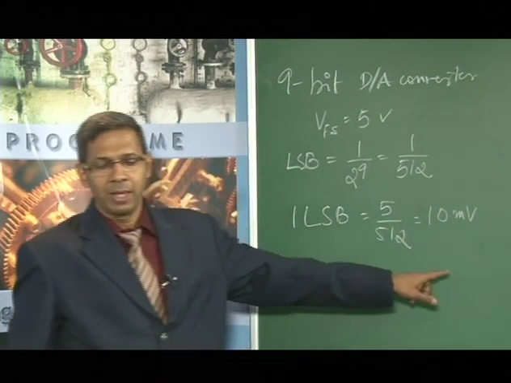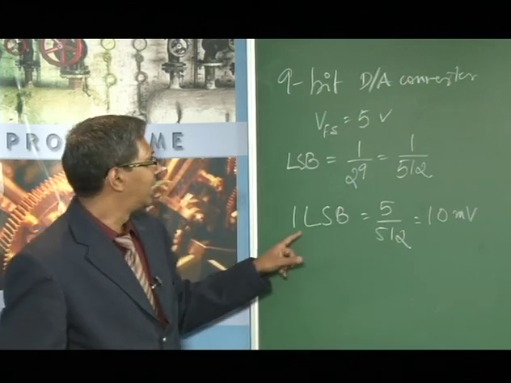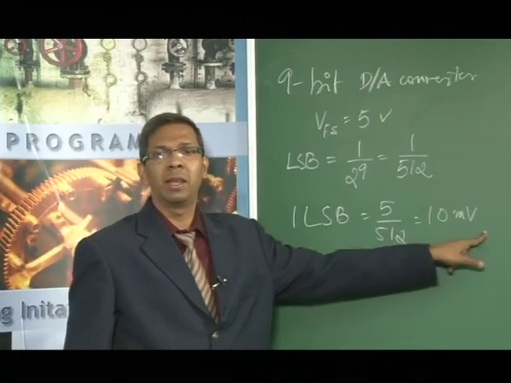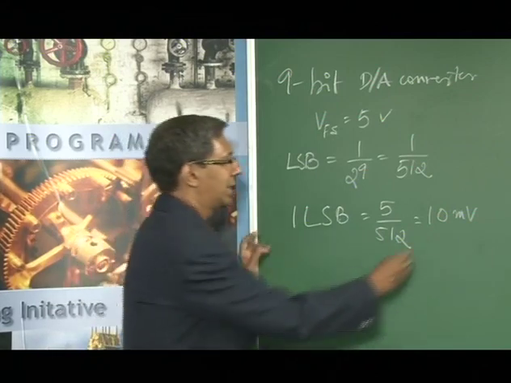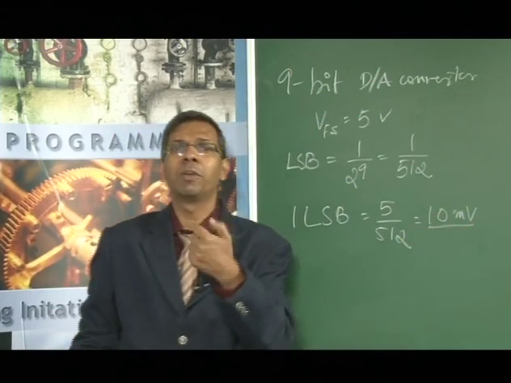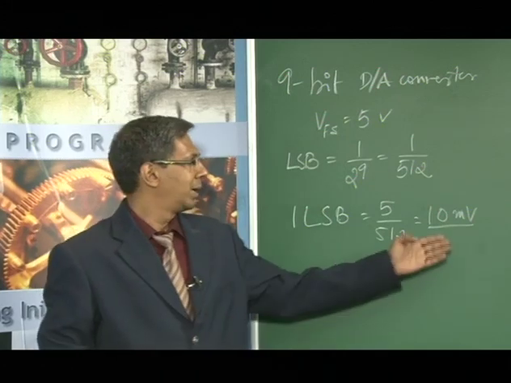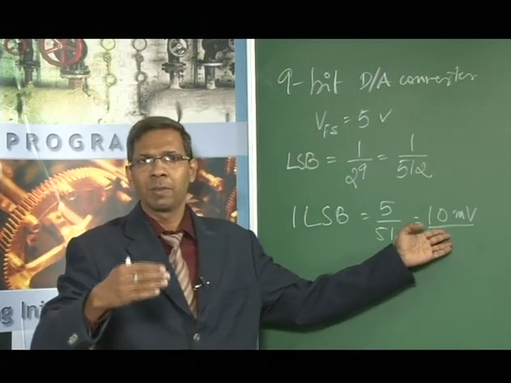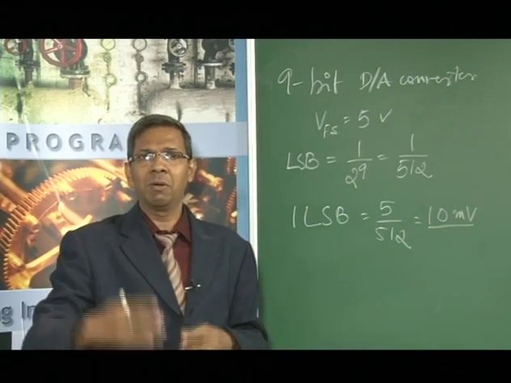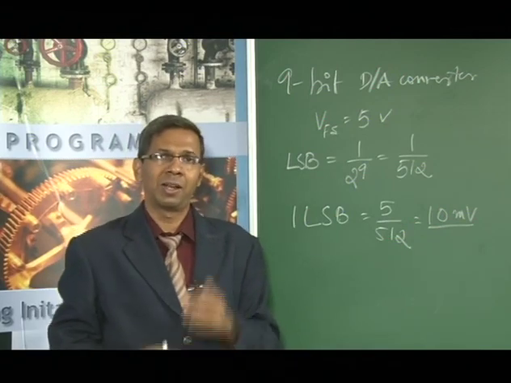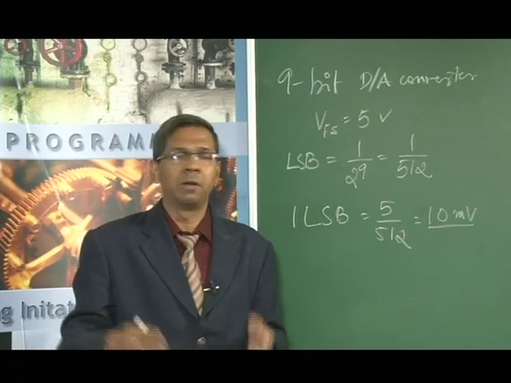So expressed as a voltage, the resolution is 10 millivolts. That means this is the smallest increment your D to A converter can give. Your values can range from 10 millivolts, 20 millivolts, 30 millivolts; they are all going to be multiples of 10 millivolts. You can't have 12 or something in between.